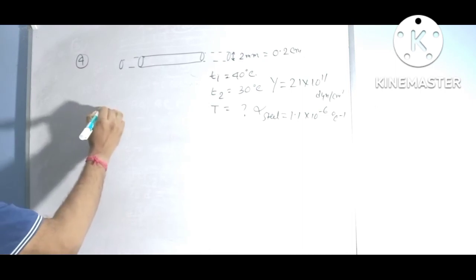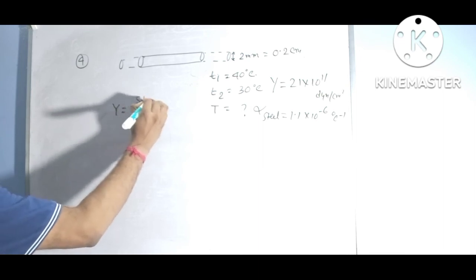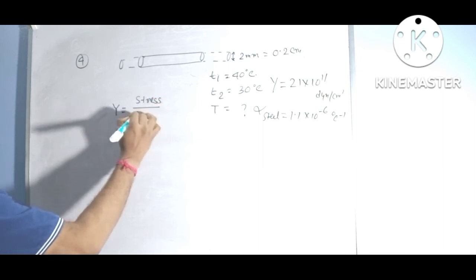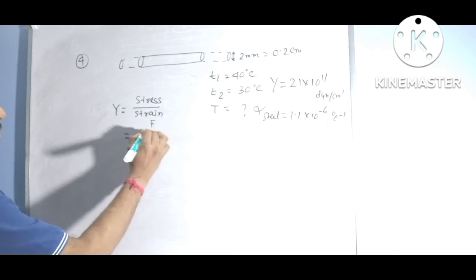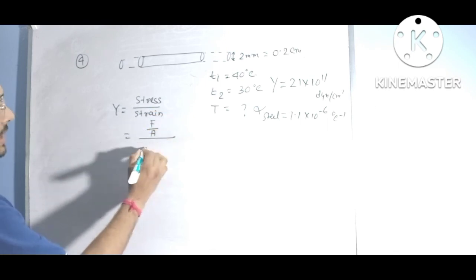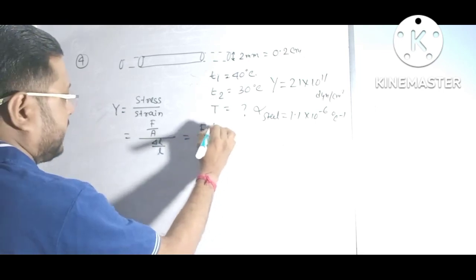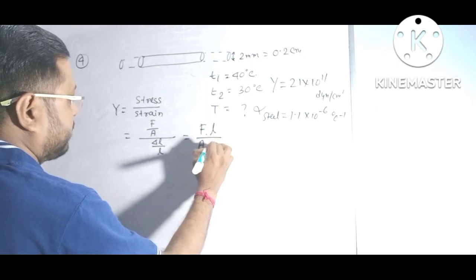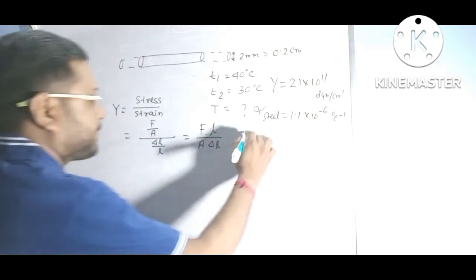We know that Young modulus is given by stress by strain. Stress is force by area, strain is delta L by L. So Y is F L divided by A into delta L. Now, what is delta L?